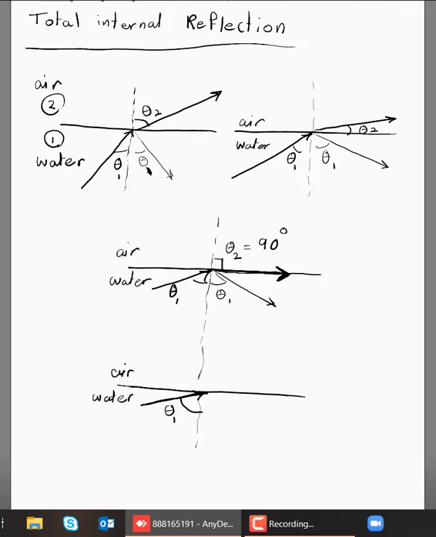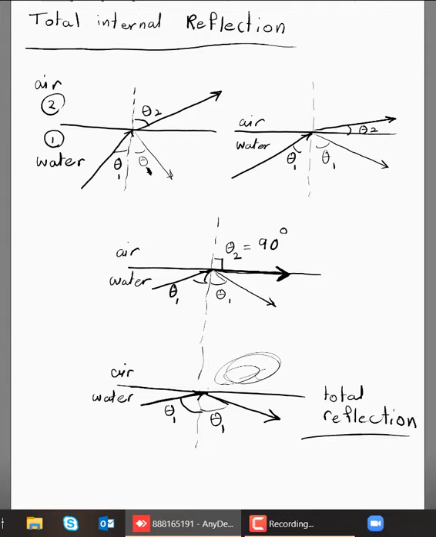Now we do not have any refraction, but it will directly go back, and here we have a total internal reflection. So everything will be back into water. So there is no ray that can actually exit in this region, right? So this is what we call total reflection.